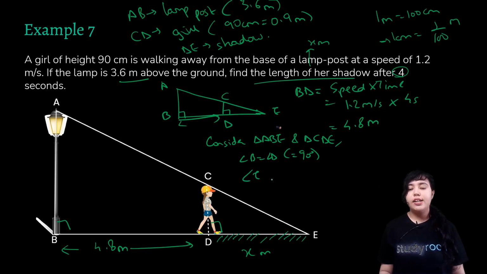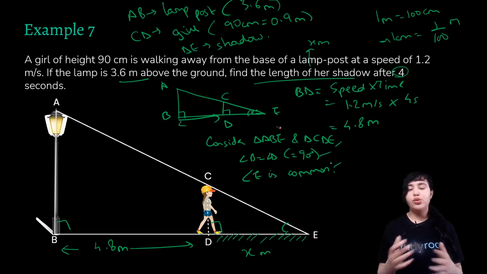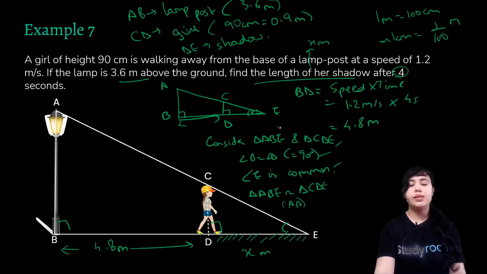Furthermore, we see that angle E is common. If two corresponding angles are equal, using the AA similarity criterion, I can say that triangle ABE is similar to triangle CDE. So using the AA axiom, we've proven this.